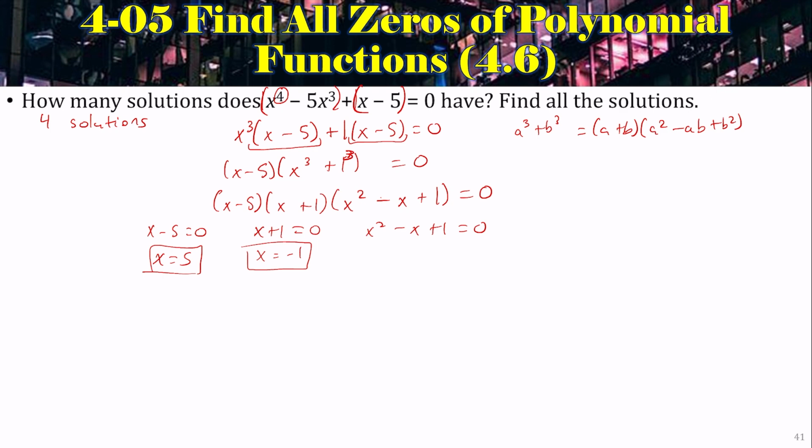However, when you get the quadratic out of factoring the sum of cubes, it's not going to be factorable, so we're going to have to use the quadratic formula. Negative b plus or minus the square root of b squared minus 4ac, all over 2a.